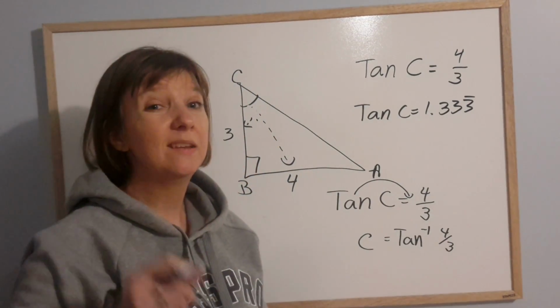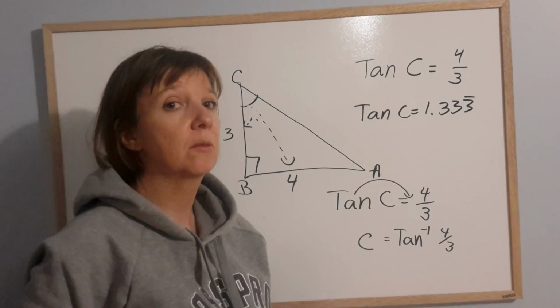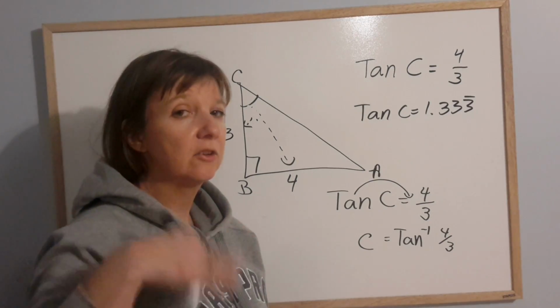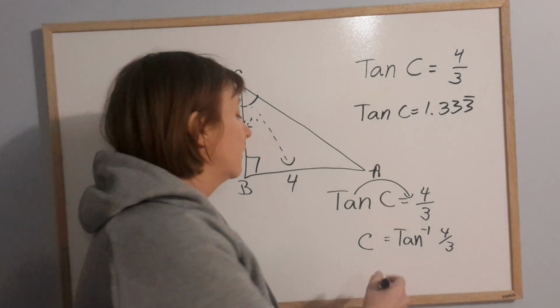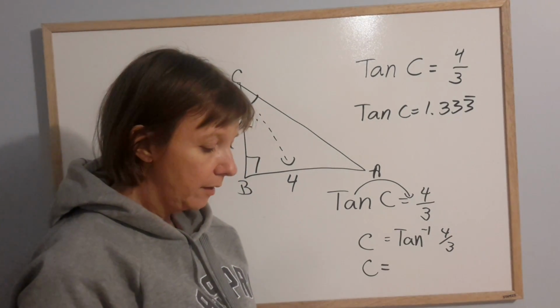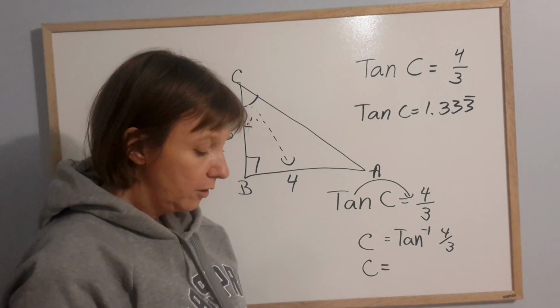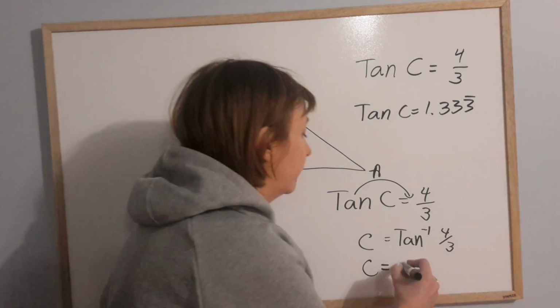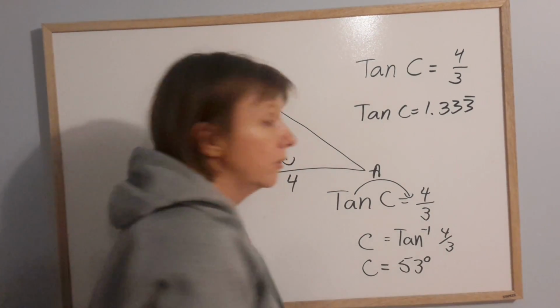Whenever you're trying to find the angle, whenever that's the piece that's missing, you're going to be hitting that shift or that inverse button. So you're going to hit shift tan of 4 over 3, and when you round it off, you should be getting 53 degrees.